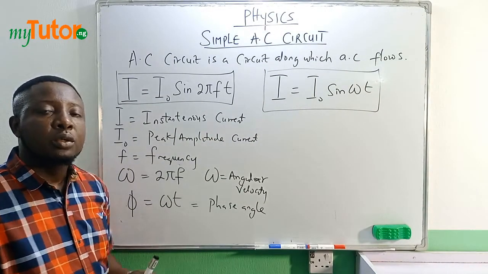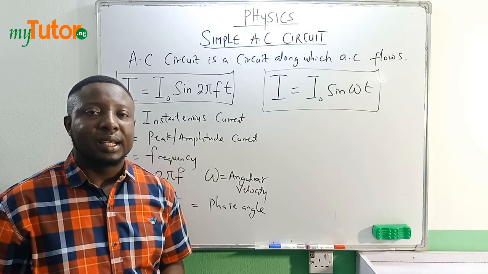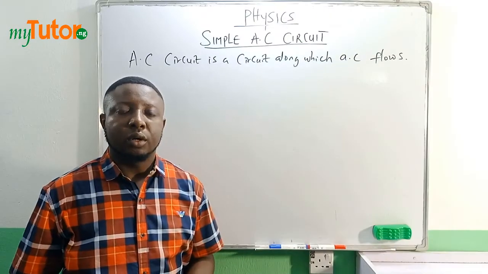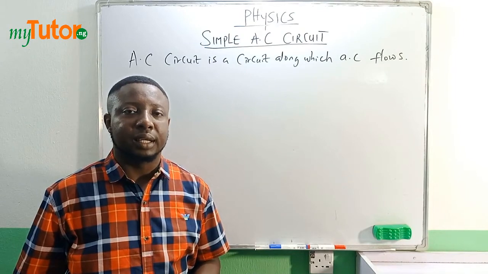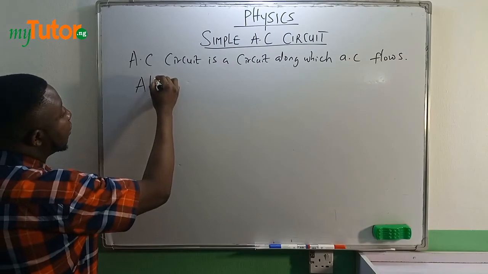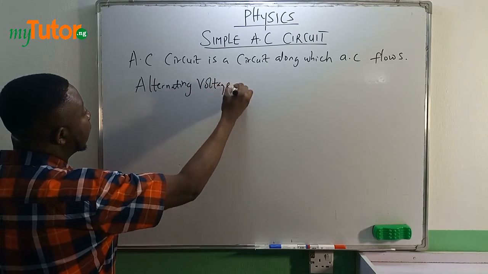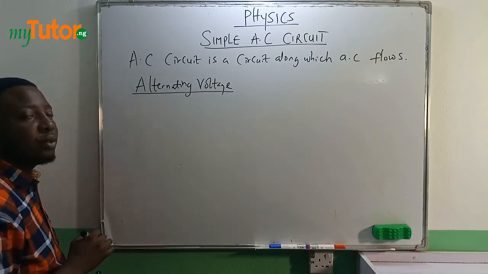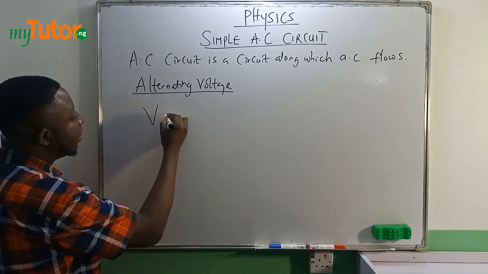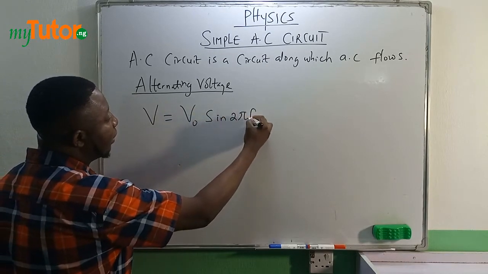So let's talk about alternating voltage, and a mathematical equation that is used to represent it. Our alternating voltage is represented with the equation V is equal to V naught sine 2 pi ft.